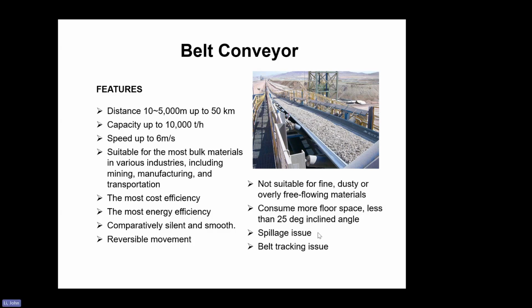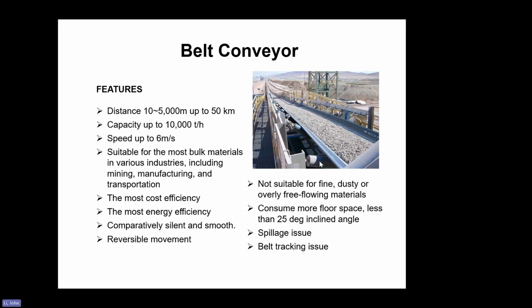Another problem is spillage, because it is open, and the biggest problem is spillage at the transfer point. Another issue is belt tracking. The belt will not always run around the center, especially for short conveyors. Common sense says a short conveyor should be okay and a long conveyor will be the problem.